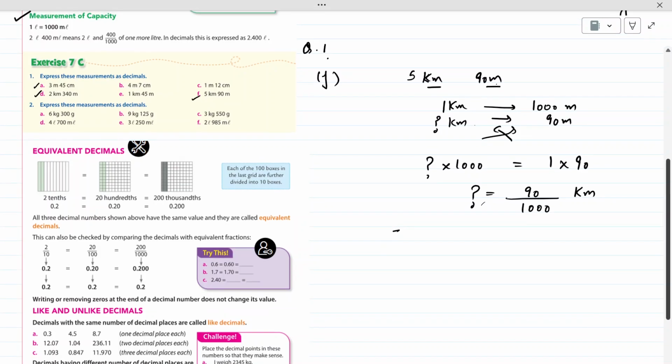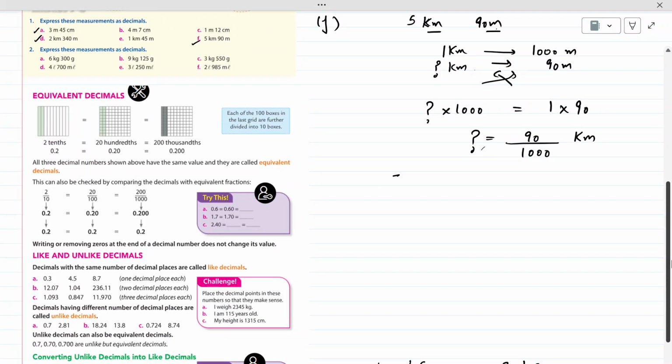We have 5 kilometers plus 90 meter, so this is 5 plus 90 divided by 1000 kilometers. Let us convert. We have to put decimal after 3 places. We have only 2 places. For the third place, we will add a 0 and then we will put the decimal.